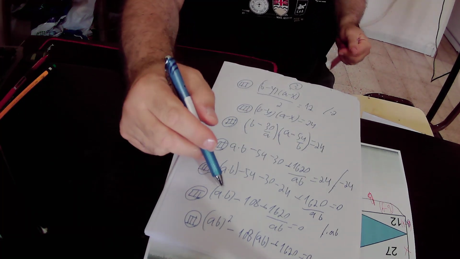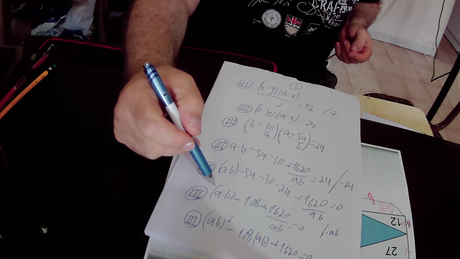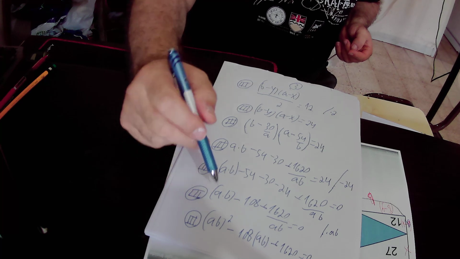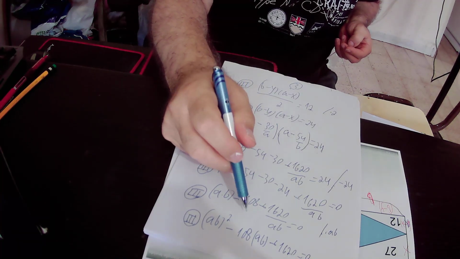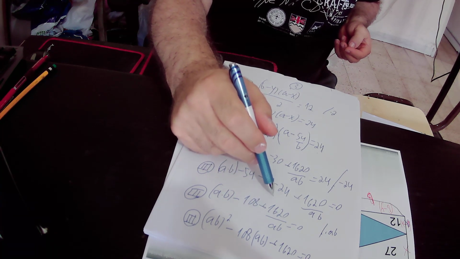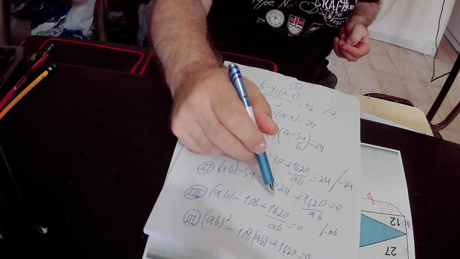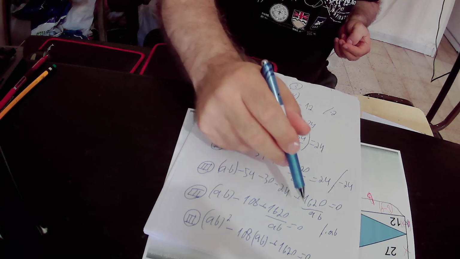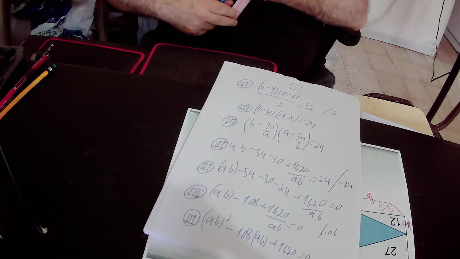We multiply both sides of the equation by AB, so AB times AB is AB squared, negative 108 AB, 1620, and 0.